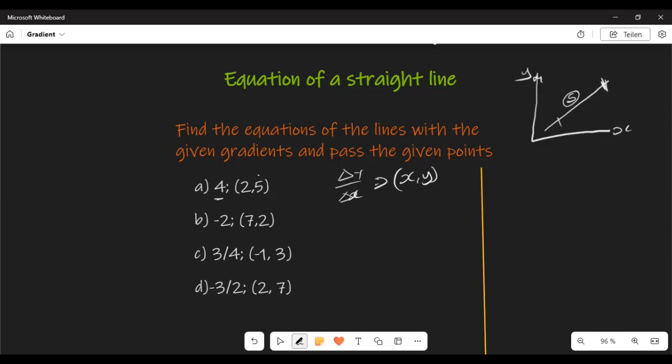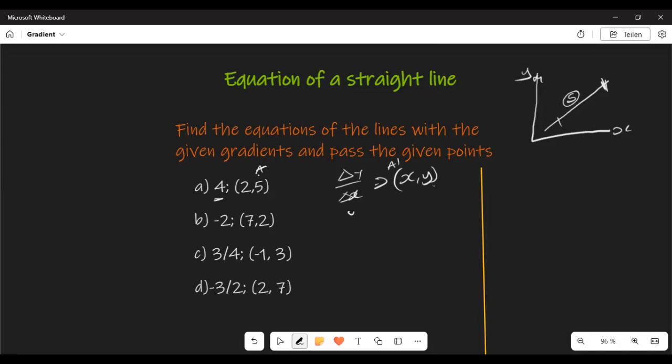So this is assuming this is a1. First of all, we want to look at change in y over change in x, and after that we equate that to the gradient that we have.